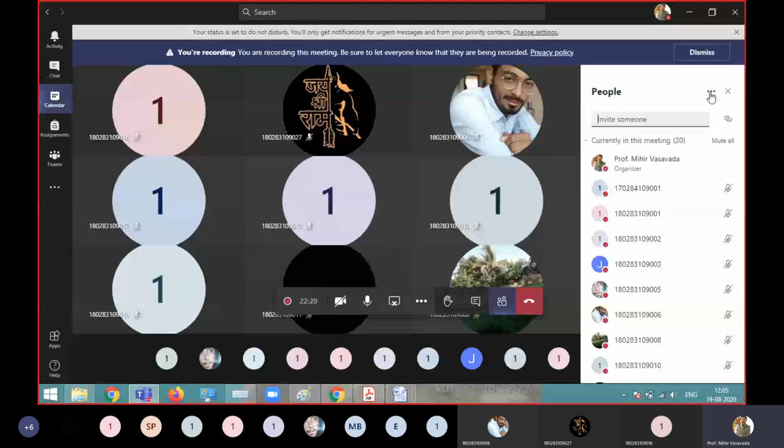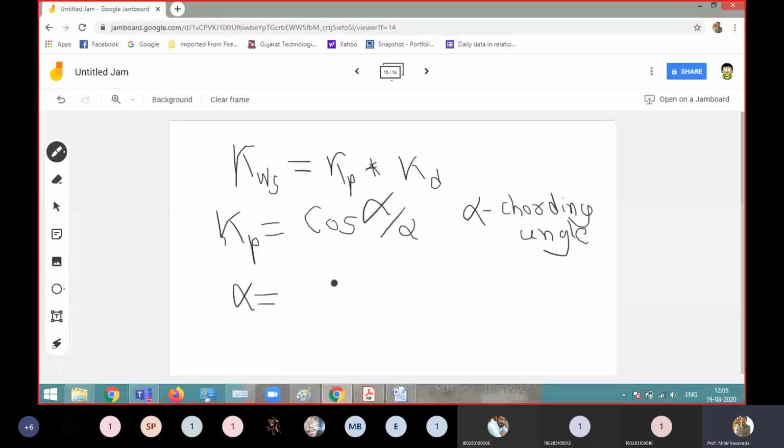Sneh, Hitesh, any idea about how to calculate? Can you repeat the question, sir? Pardon? Can you repeat the question? The question is how to find out alpha, the chording angle. Right. That is the question.